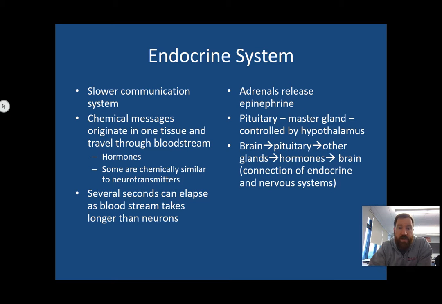So the brain, when it says, hey, we need more adrenaline or epinephrine, or we need more testosterone, the brain tells the pituitary gland through the hypothalamus, hey, go tell the adrenals to produce epinephrine. The pituitary gland then sends information through the bloodstream to the other glands. It finally gets to the adrenals.